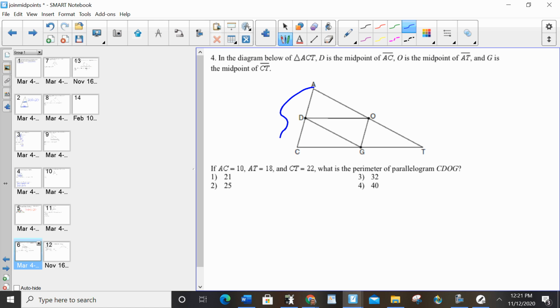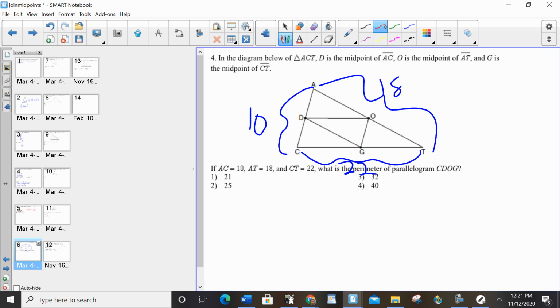AC is 10, AT is 18, CT is 22. It's asking for the perimeter of parallelogram CDOG. So I'm going to do that in purple. Let's start here.